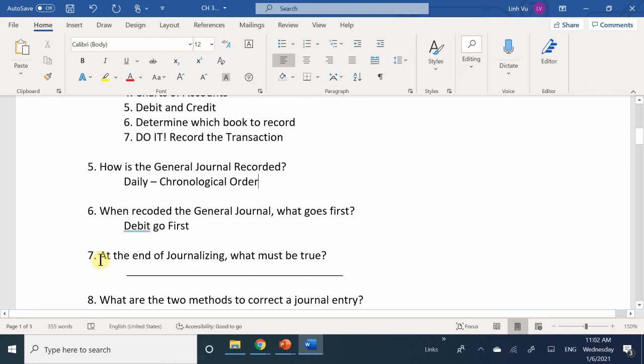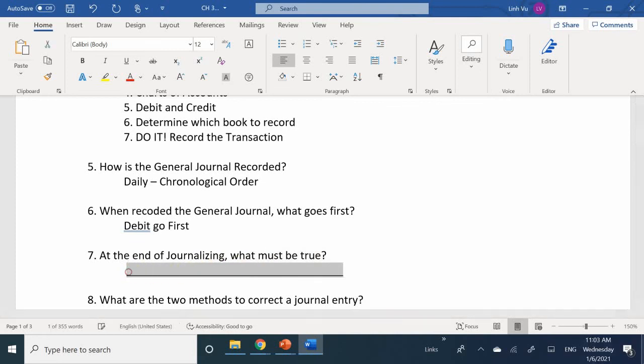At the end of journalizing, what must be true? Debits must equal credits. Yes.